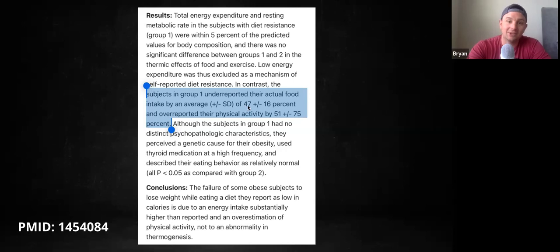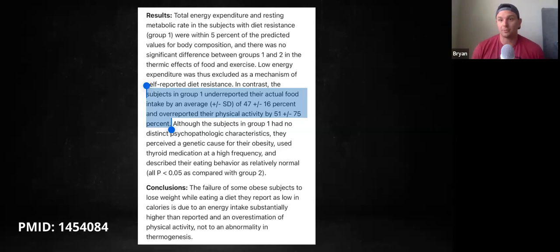On the upper end, that's 47 plus 16, so some people were off by 63% of their calorie intake. Let's say you were aiming for 1,200, because everybody's convinced they're eating 1,200 calories. We'll multiply that by 0.63 plus 1,200. So people saying that they're eating about 1,200 calories are probably eating closer to 2,000.